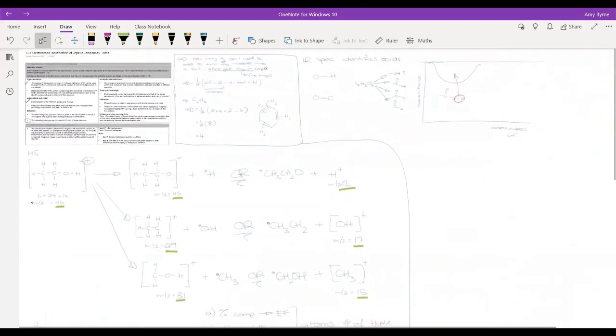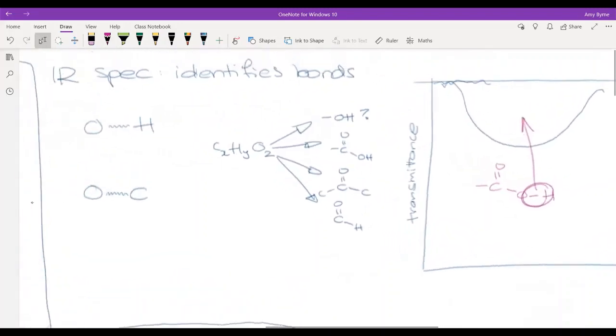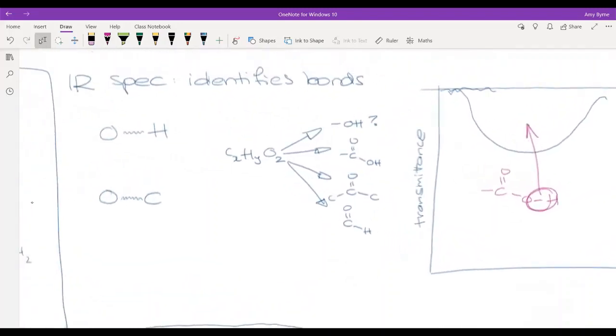Okay, so IR spec is all about those bonds. It can't tell you how many of those bonds are in a compound. It can only tell you what atom is attached to what in this thing, which is why IR spec can't be used on its own.